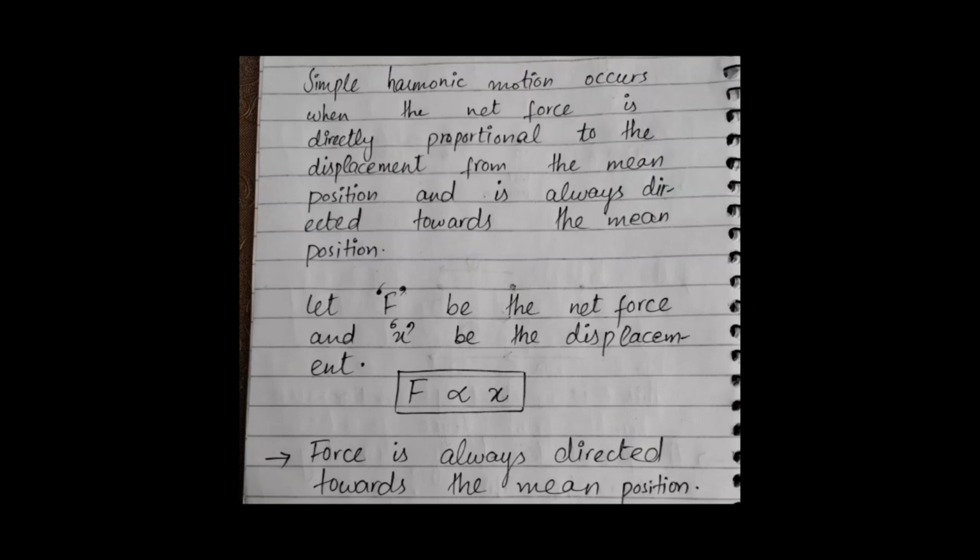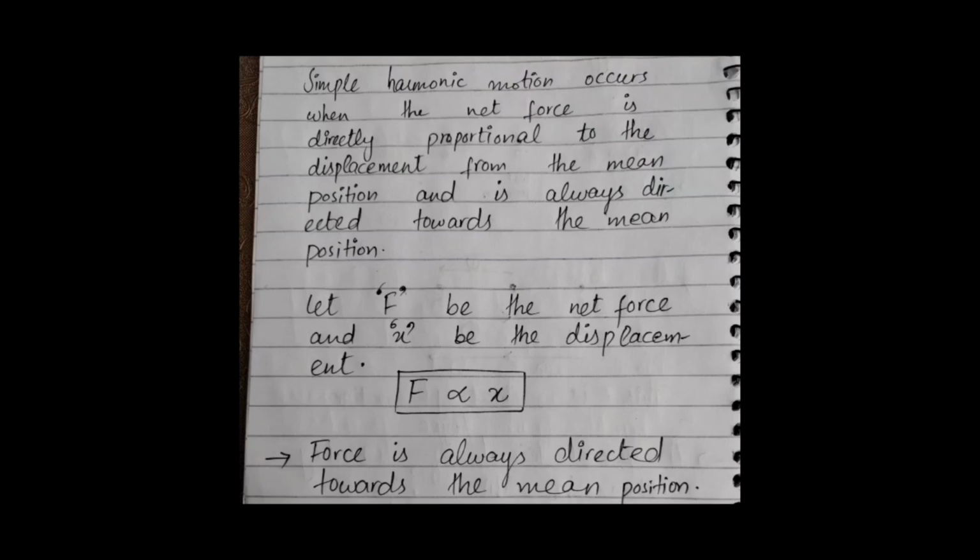In this way, force is directly related to displacement, and we say that force is directly proportional to displacement. If we increase one thing and the other decreases, in the opposite direction, this is indirectly proportional. But if one thing is increasing and the other is also increasing, and if one is decreasing, the other is also decreasing, this is a direct relation or directly proportional.